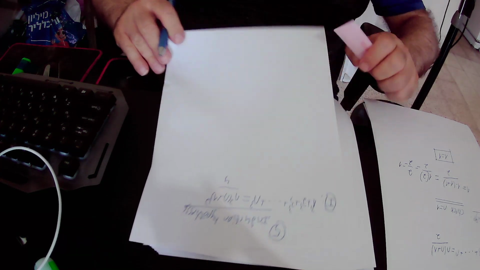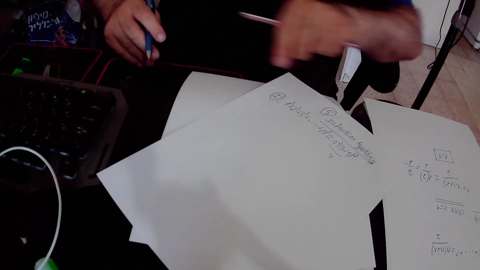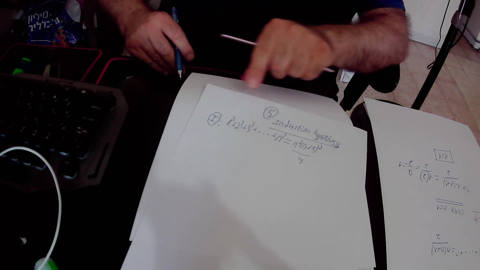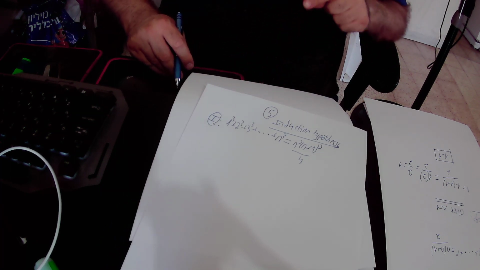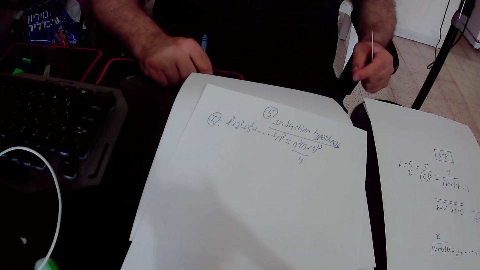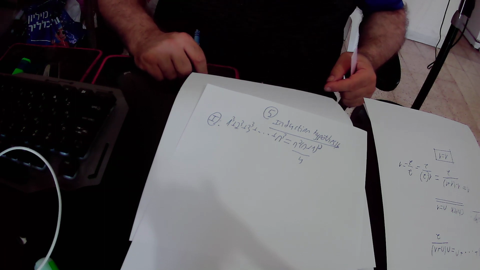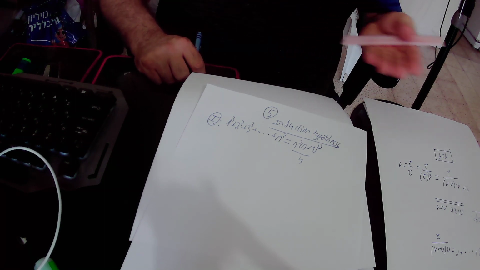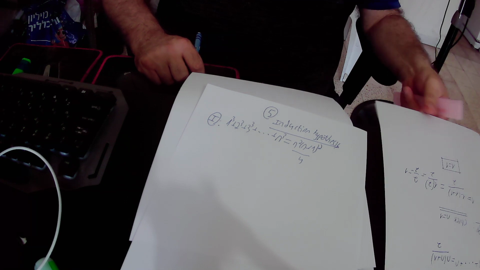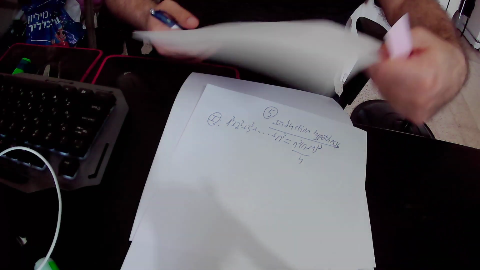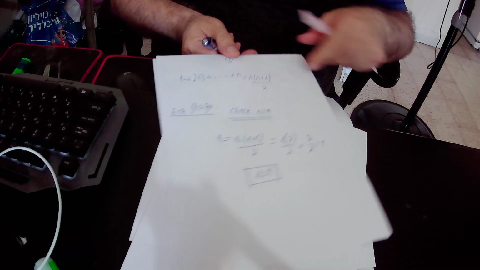Okay, so the first equation is the induction hypothesis. We assume that the statement is true for n, and the statement for n is exactly as the original statement.